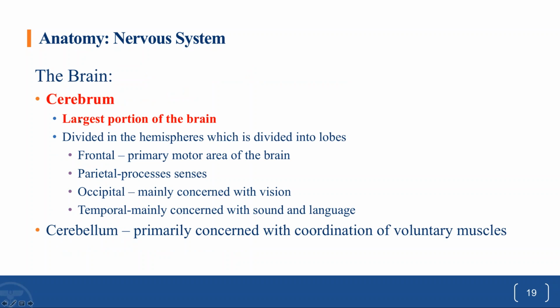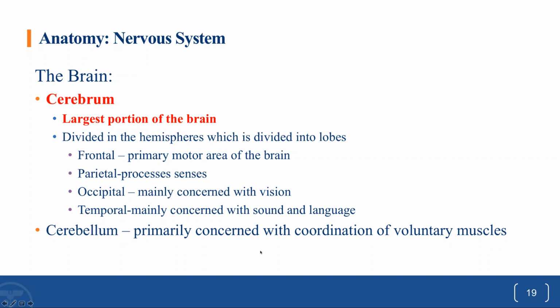Cerebrum, the largest portion of the brain. You need to know that. Okay. Cerebrum is the largest portion of the brain. And of course, it's divided into hemispheres. And cerebellum, I think this is a terminology word. I should actually have that in red. Cerebellum is the coordination of your voluntary muscles.